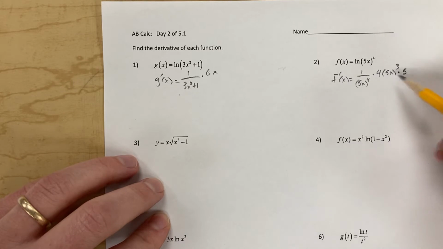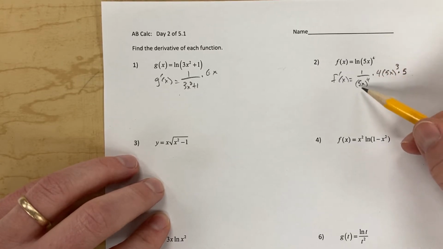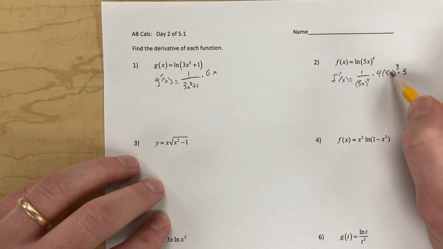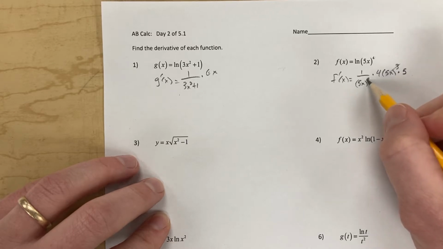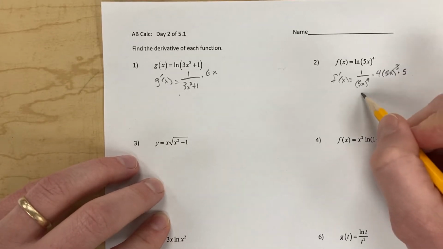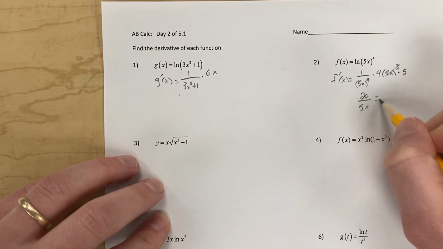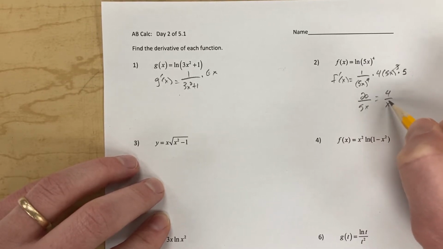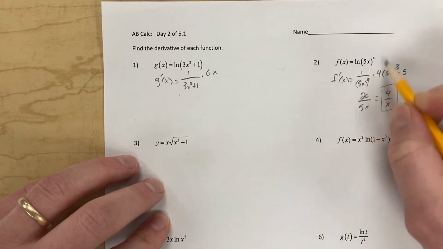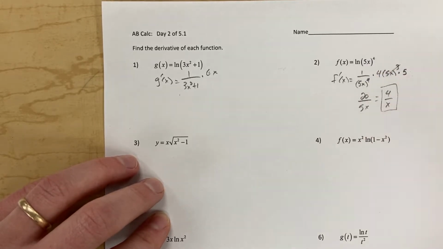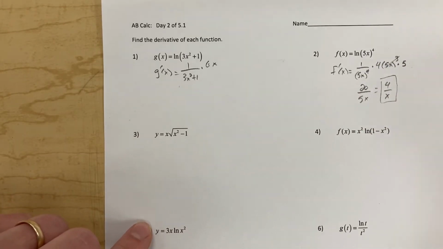So we'd have 25x to the 3rd over 5x to the 4th. Now this 5x to the 3rd could cancel 3 of those, and so we'd end up with 20 over 5x, which could work itself all the way down to 4 over x. So all of that still just comes down to here if you work it out.